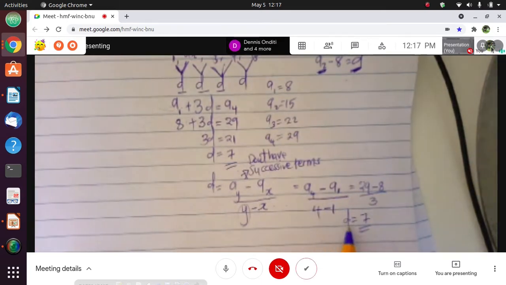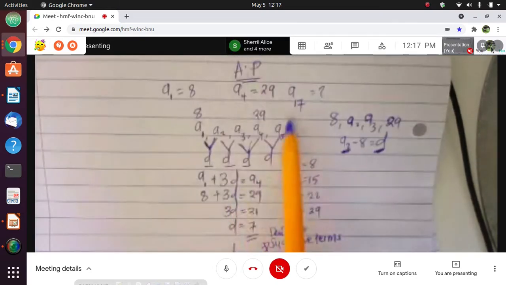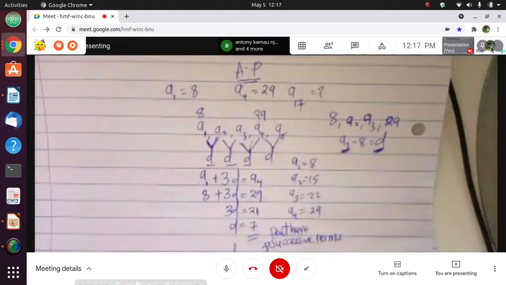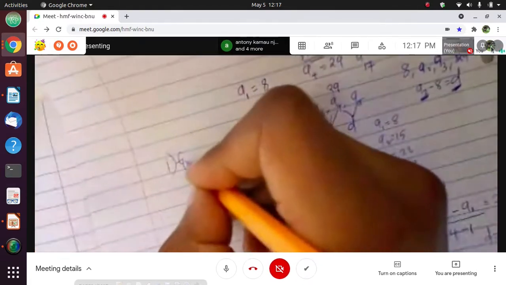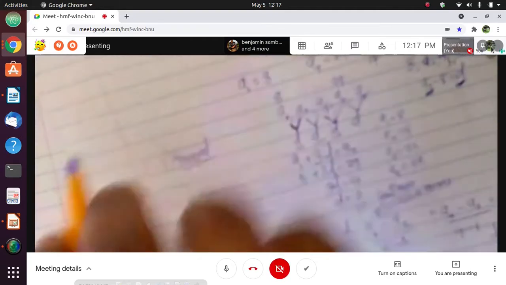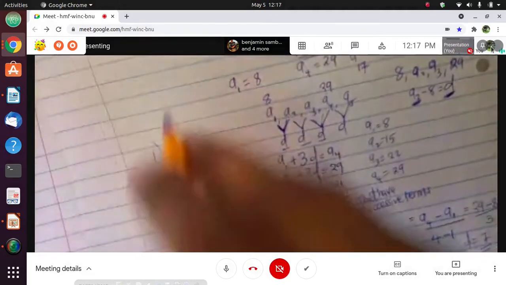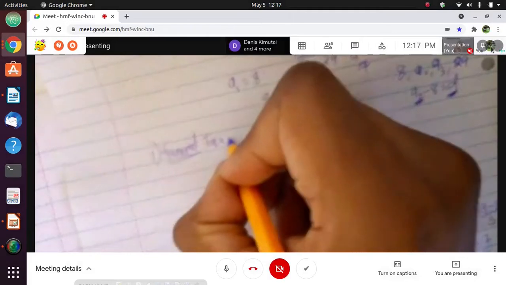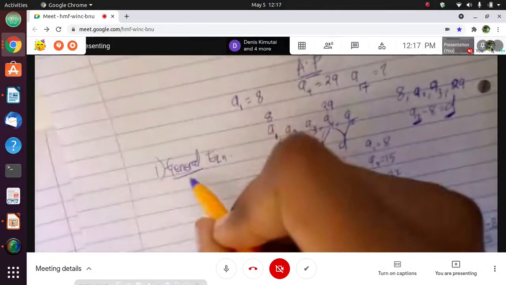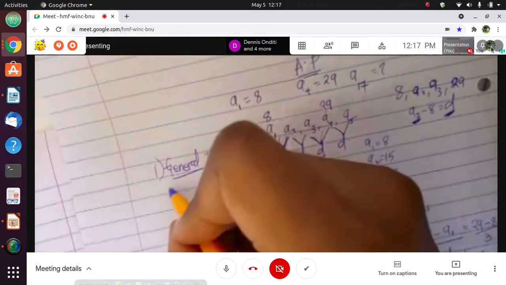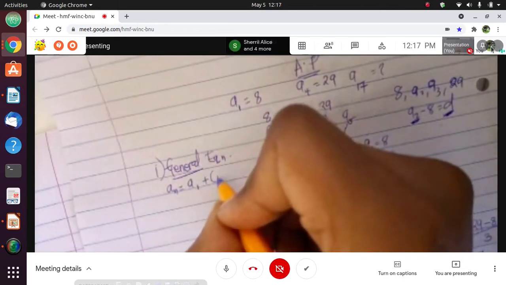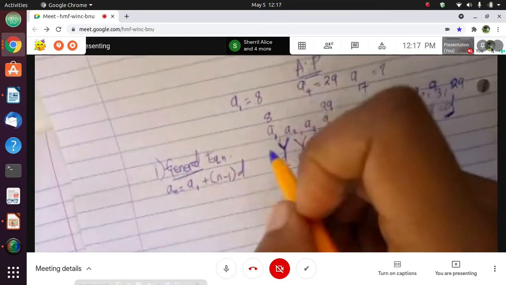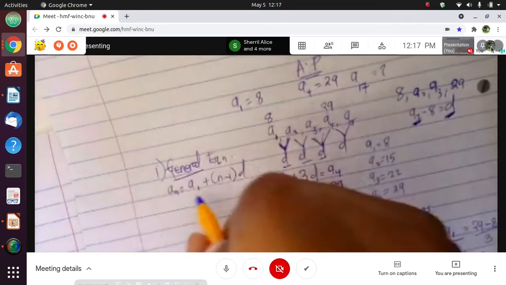Now we have the common difference. The question is not asking us to find the common difference. The question is asking us to find the 17th term. Now, step number 1, write the general equation for our sequence. What will be the general equation? Remember that the general equation of an arithmetic sequence is given by an is equal to a1 plus n minus 1 multiplied by the common difference. We have the value of A1.